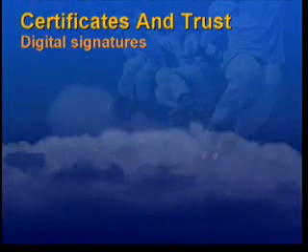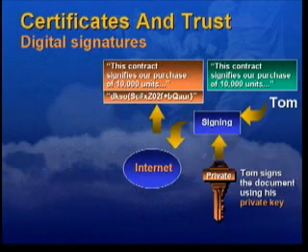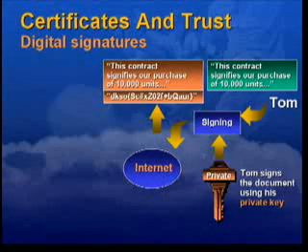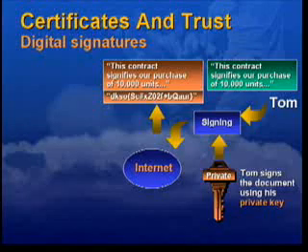An interesting feature of public key encryption is that you can create digital signatures. You can create ways in which you can tell that a message came from somebody and only that person, and the message was not modified.